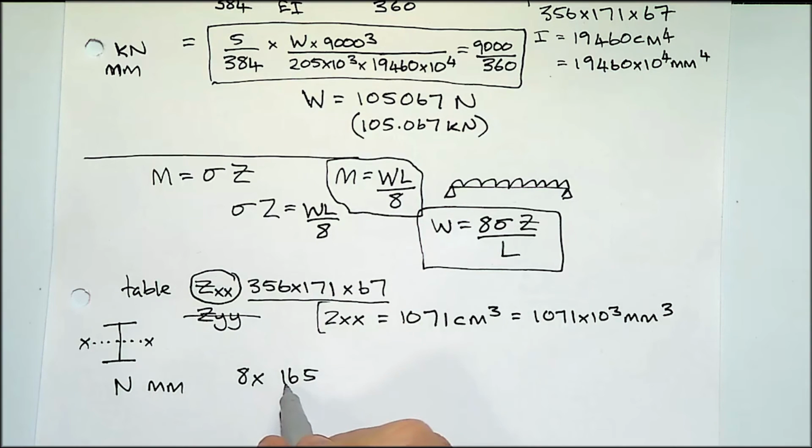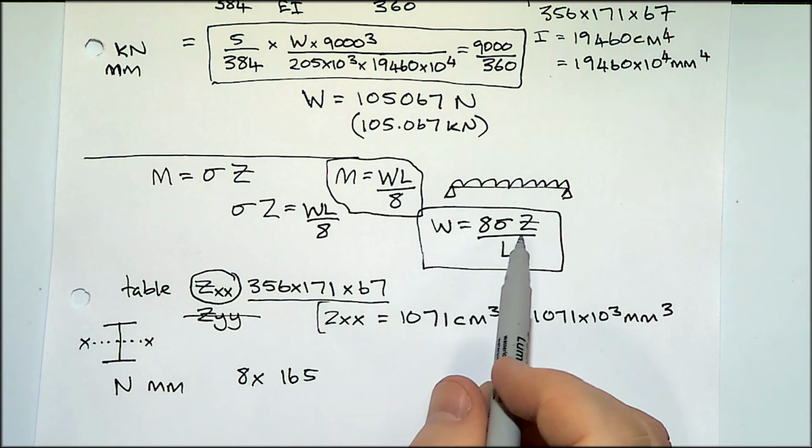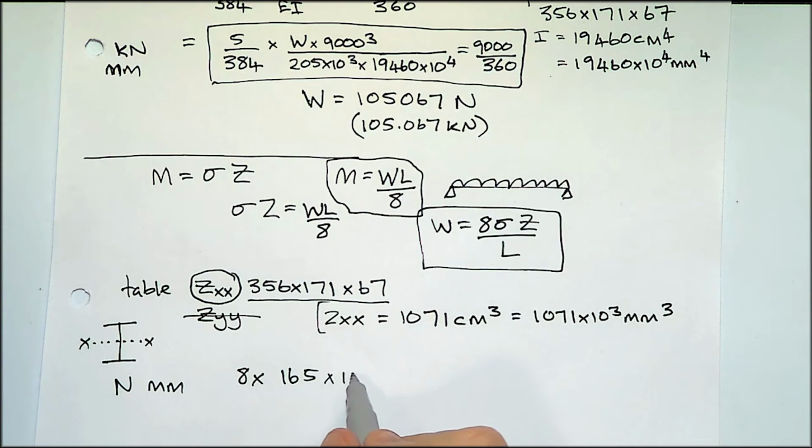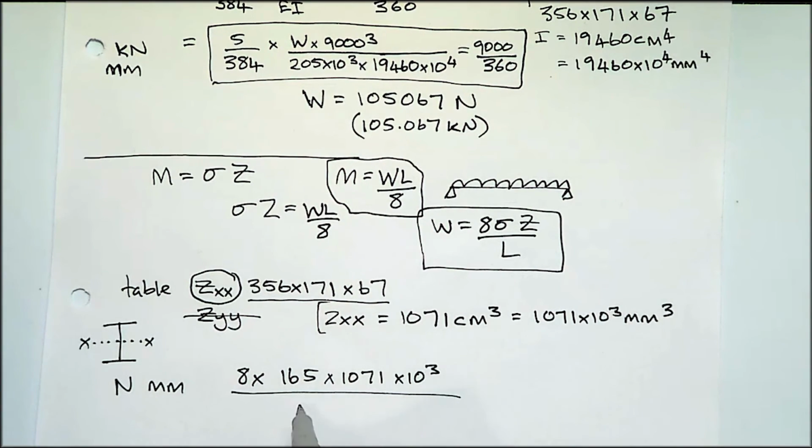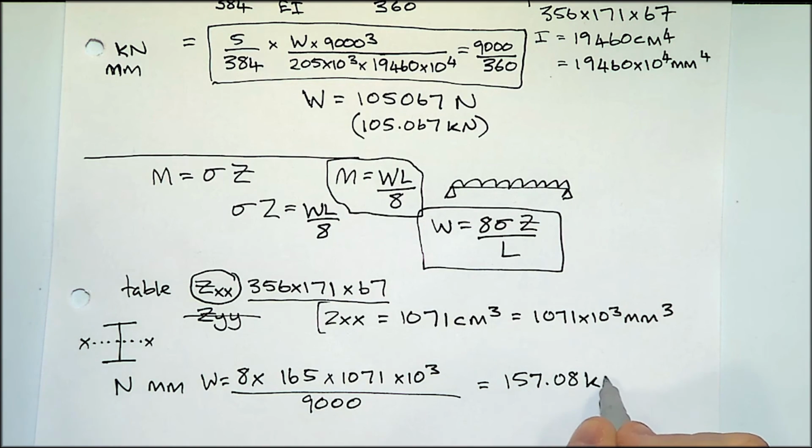So 8 times 165 newtons per millimeter squared times by my Z, divided by my L, which was 9 meters. That gives me a W of 157.08 kilonewtons.